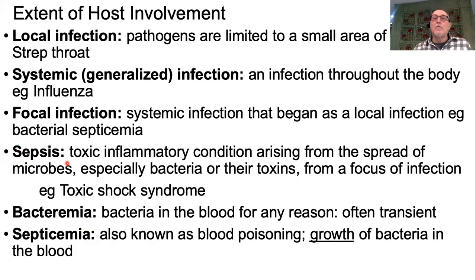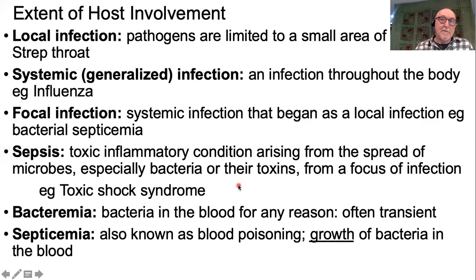You will most commonly hear about sepsis in connection with childbirth, because the condition post-puerperal fever or post-puerperal sepsis is the result of bacteria spreading into a mother's body through the uterus and whatever after childbirth. Sepsis is a very specialized condition.